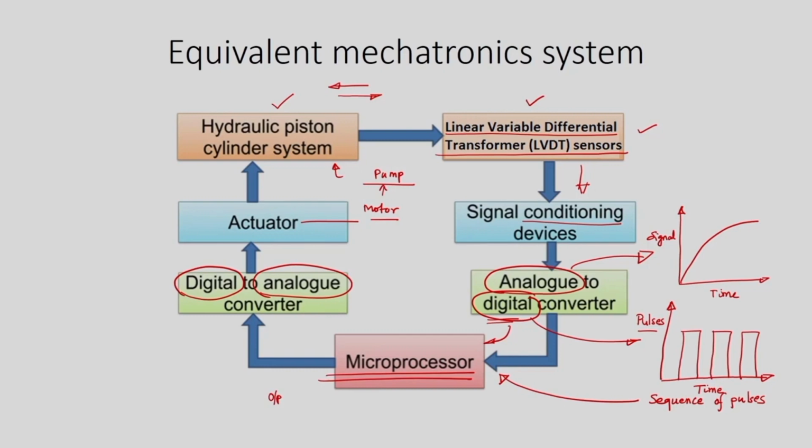In this way it is easy for us to mimic Hooke's law, that is F is equal to K into X.